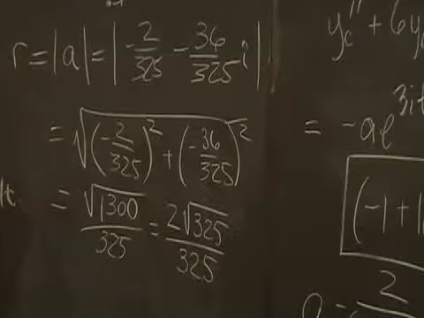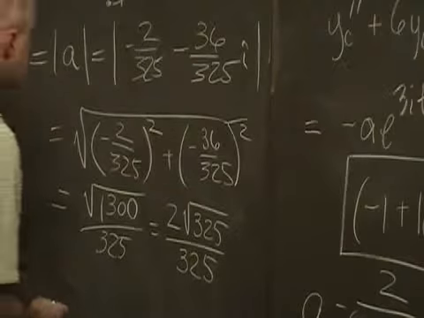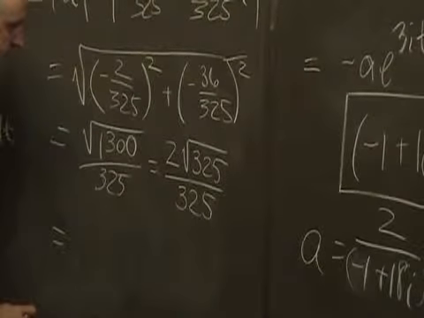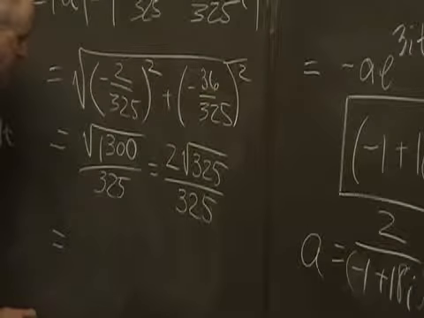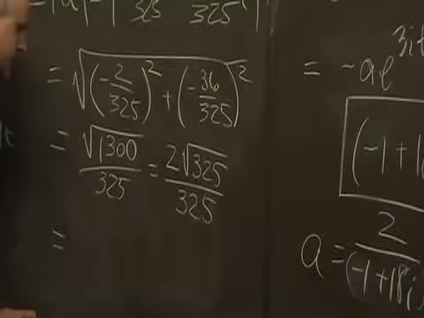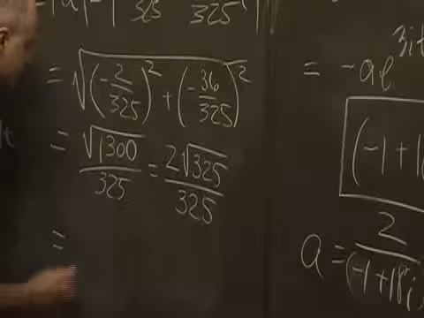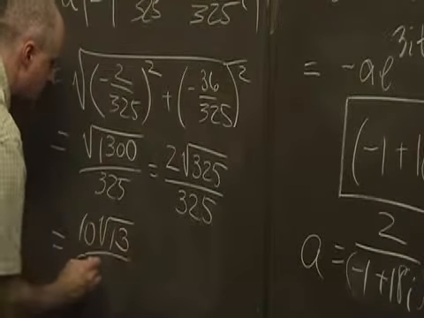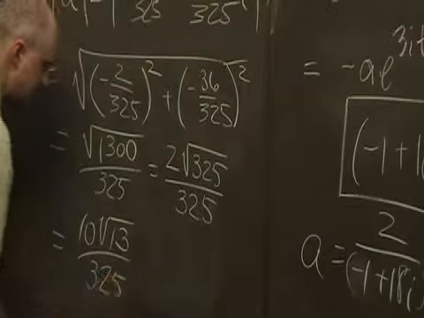We can simplify it further because 325 is divisible by 25, which is a perfect square. 325 would be 25 times 13. Square root of 25 is 5. 2 times 5 is 10. So we could write this as 10 square root of 13 over 325. It's not a big deal.